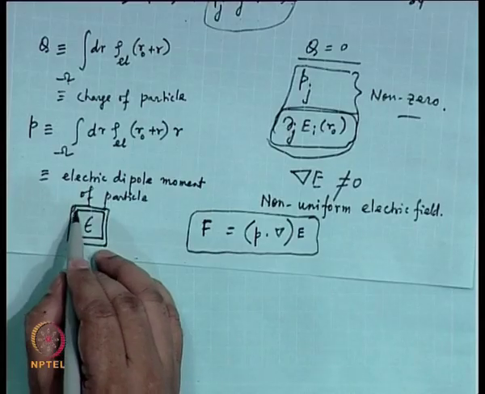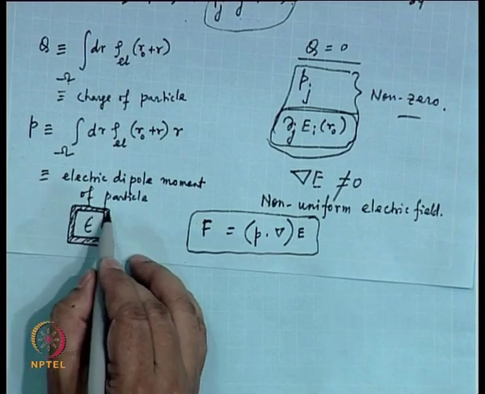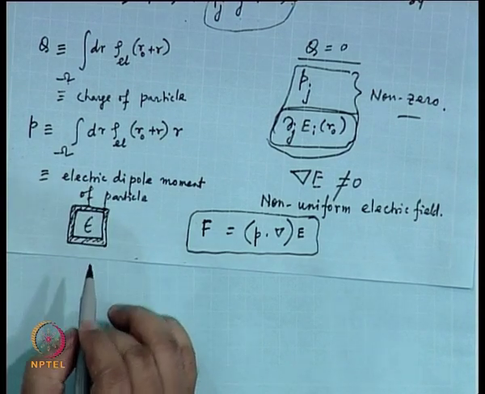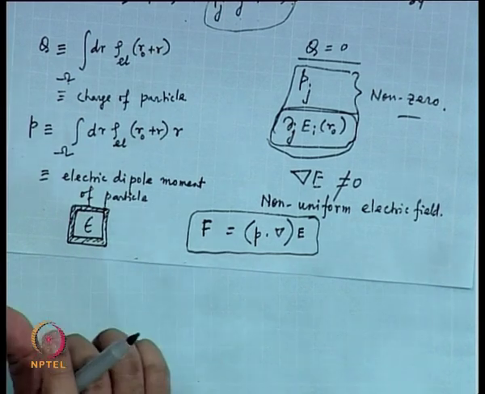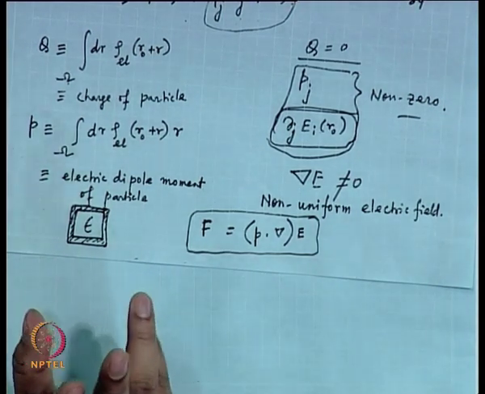What is this property? Try to understand, because this is the property that would define the force. We have dielectric properties of two things involved: one is the dielectric property of the cell, another is the dielectric property of the medium within which the cell is flowing.